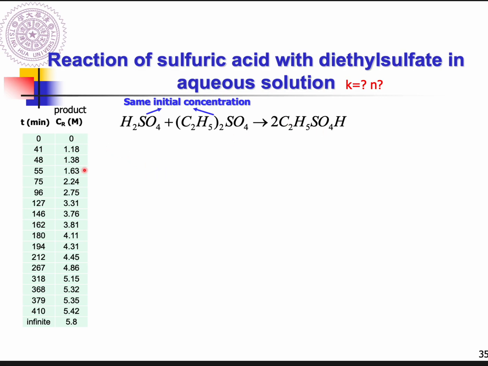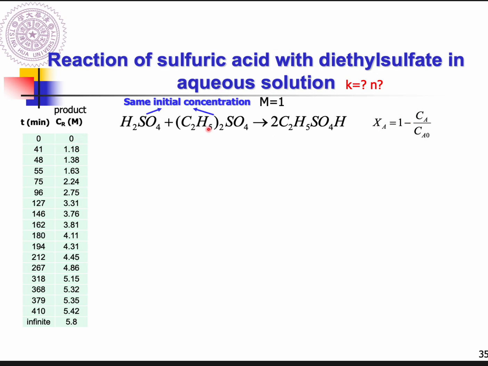But here we don't have XA, right? So just a remark: the initial concentration ratio m equals 1, okay? Here the fractional conversion can be expressed as 1 minus CA over CA0. So my question would be, how do we get XA?